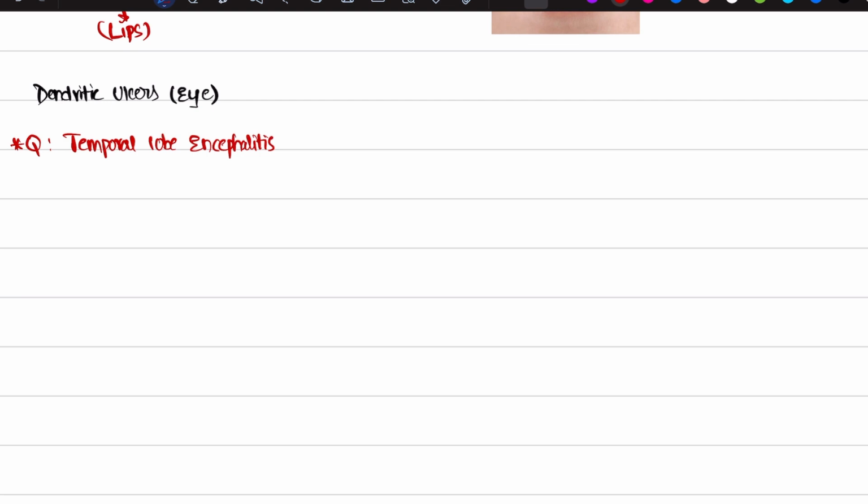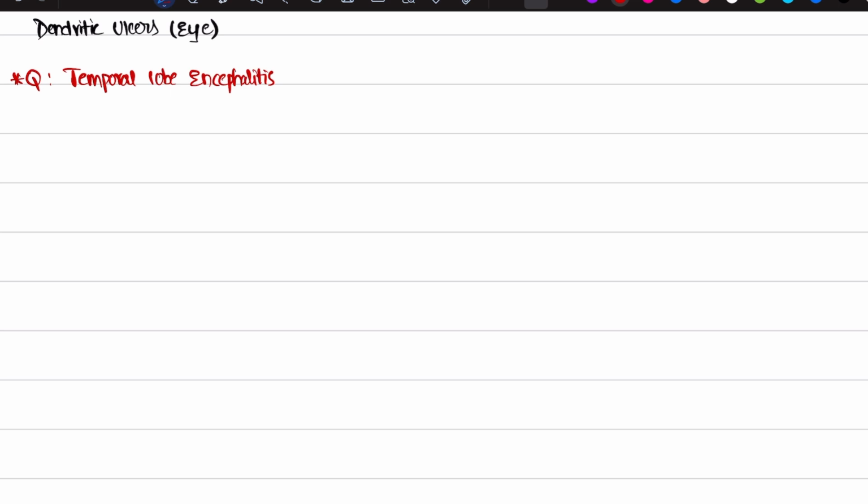And after the infection subsides, so we are going to treat that HSV type 1. So after we treat the infection, after that it remains latent in the trigeminal ganglion. Let us write it. This is also important. Please try to remember it. It remains latent in trigeminal ganglion.